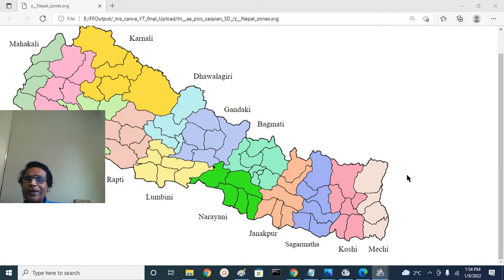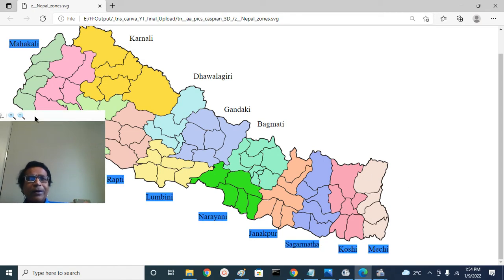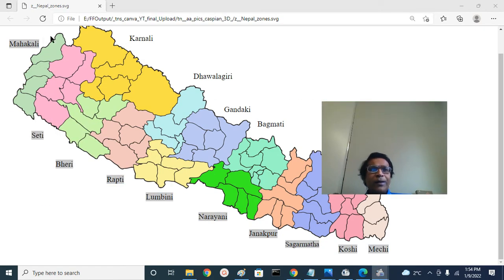Sikkim will be here, and Darjeeling will be here, then Chumbi Valley, then we will get the Assam Valley or Brahmaputra Valley, and because this is the Mahakali, you will get the Kumaon region, that is the Almora, Pithoragarh, Nainital districts here, and this is the Pilibhit district, Uttar Pradesh, and we will have Bahraich district here, and then Sitapur region here, and then you have Balrampur and Gonda, Gorakhpur regions, and you get the Saran regions and Champaran, Tirhut regions bordering Nepal.